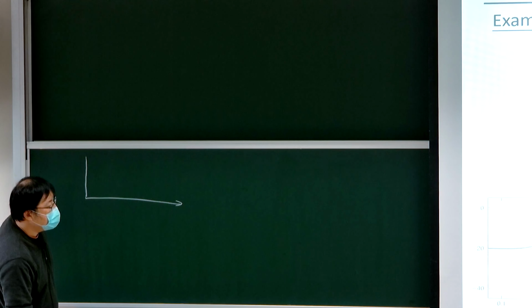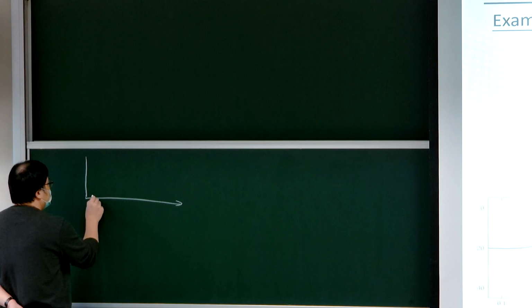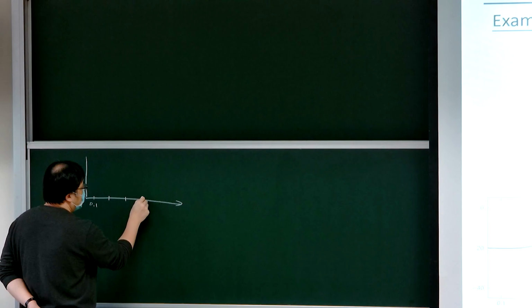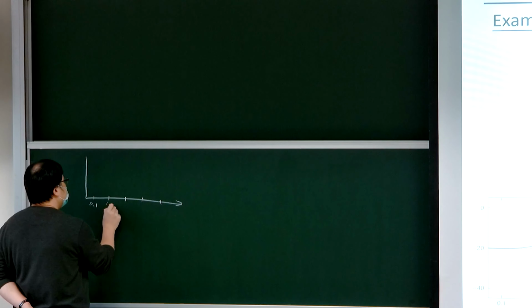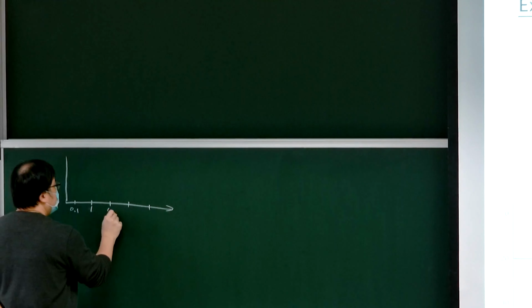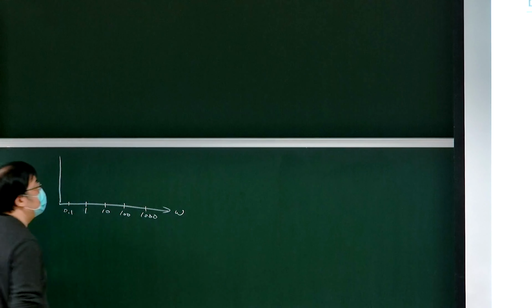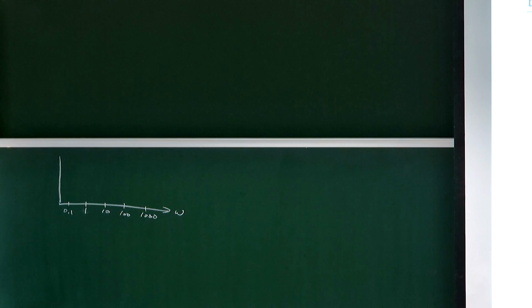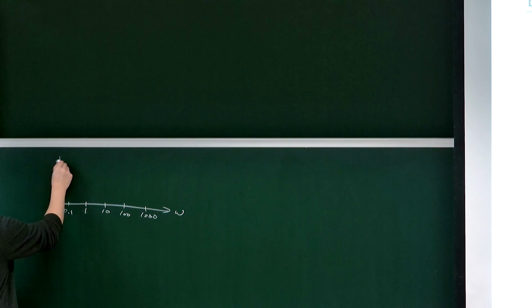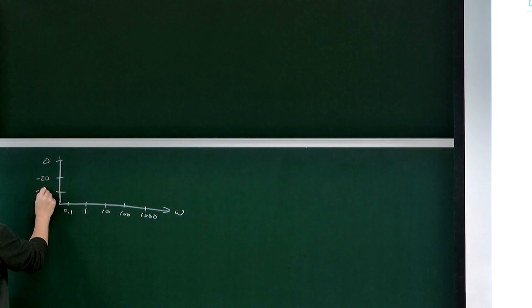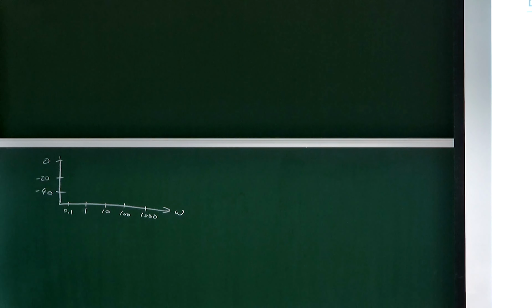All right, so suppose this axis is 1, 10, 100, 1,000, and this axis is 0, minus 20, minus 40, and so on.